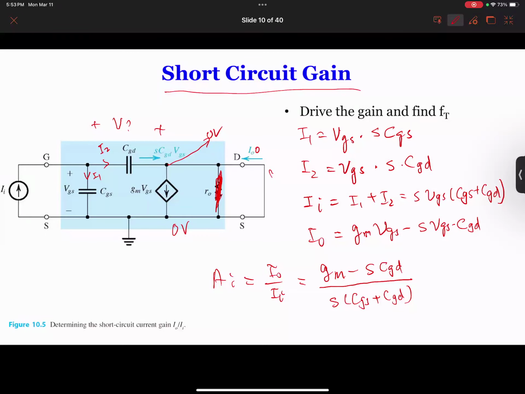In this simple equation, typically S times CGD is much smaller than GM. If you put this together, one is really too small, usually 10 to 100 times smaller, so you really can neglect the other one. Let me redo this to make sure.